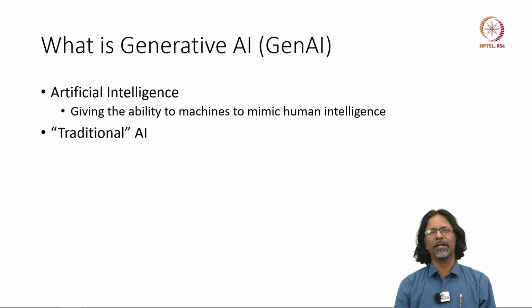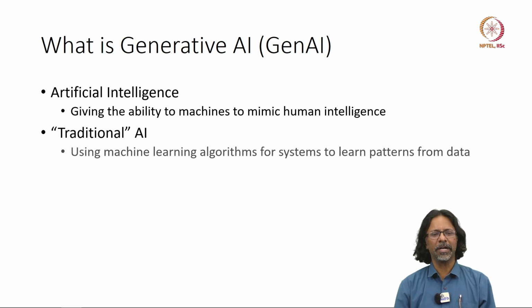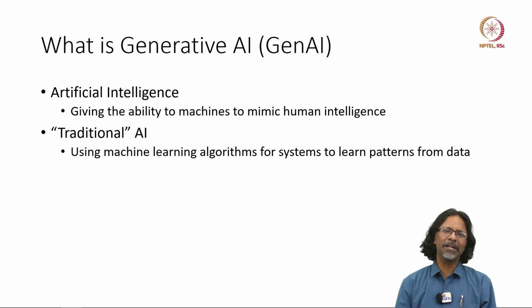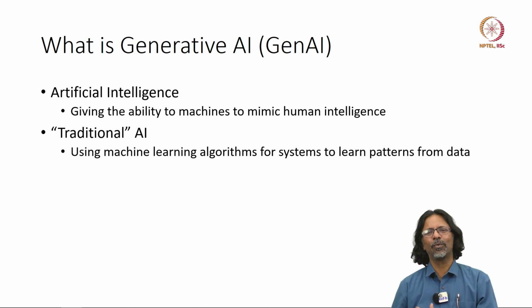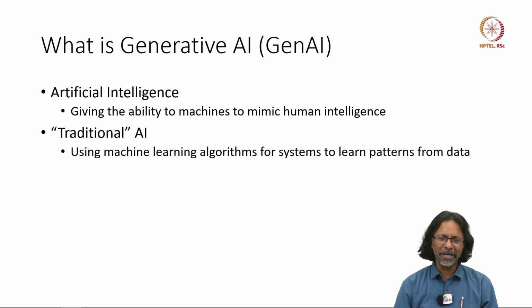That is where we can use the term traditional AI, wherein we try to have the machines learn lots of patterns about the data by telling it over and over again, saying that if this is what it is, and this is what it means, and this is how you interpret it.